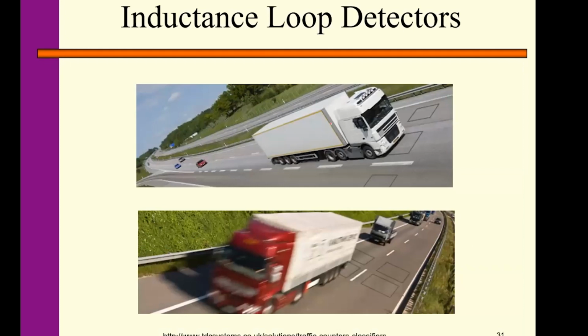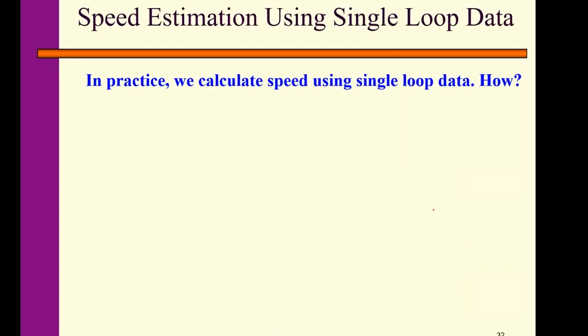The picture taken here shows the single loop sensor and dual loop sensors. They are used for different purposes and produce different types of data. The question here is, we have lots of single loop sensors, but ideally we want vehicle speed and vehicle length information, which cannot be measured by the single loop sensor.